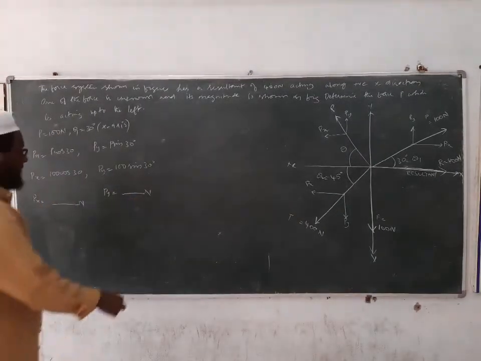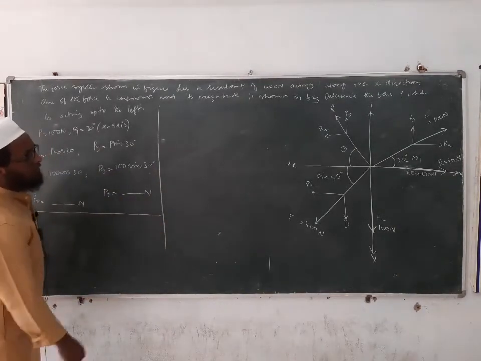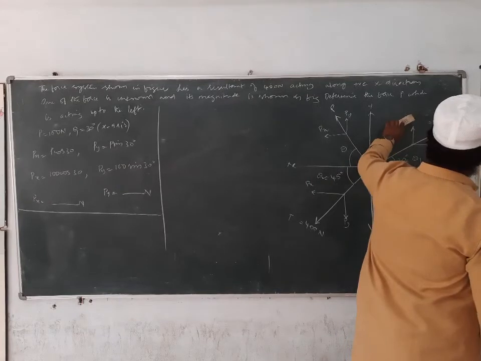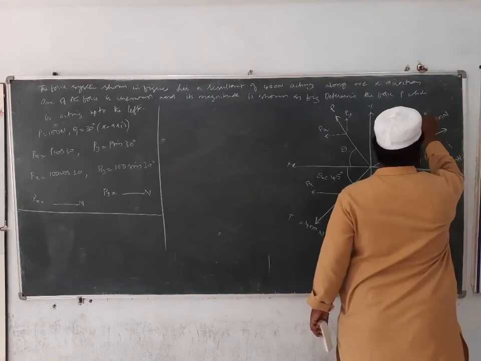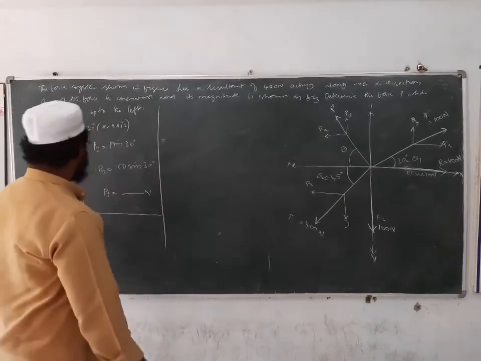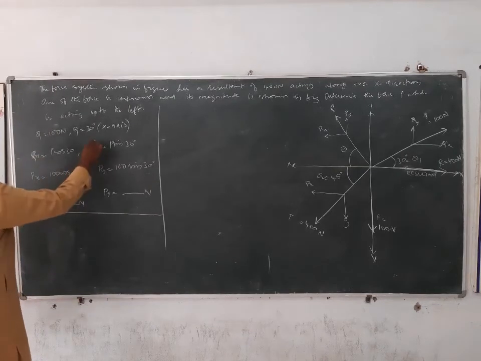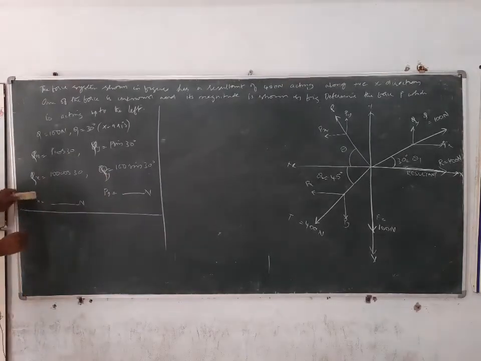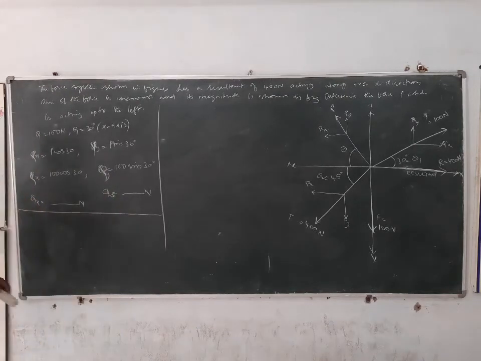Next we will go for the other force. Since this is P, we cannot name that one P, so I am changing this one to Q, with Qx and Qy. Again here you will get Qx and Qy.